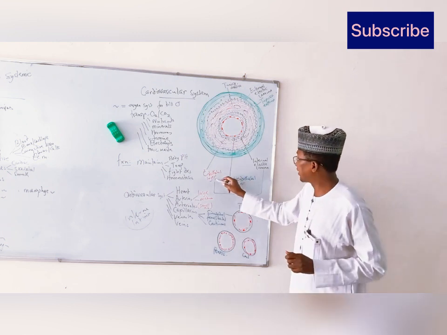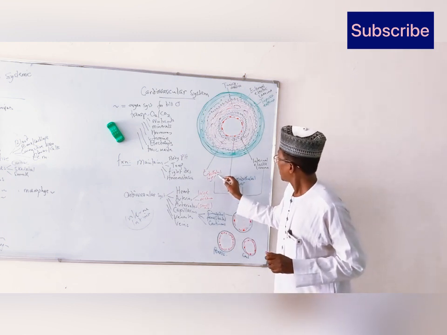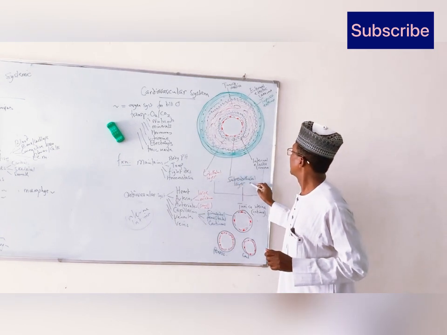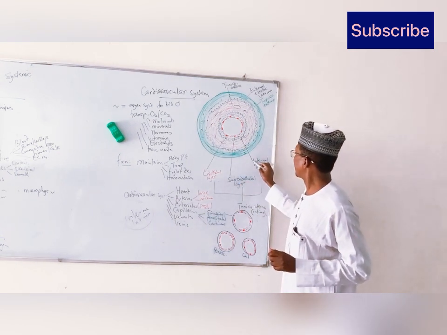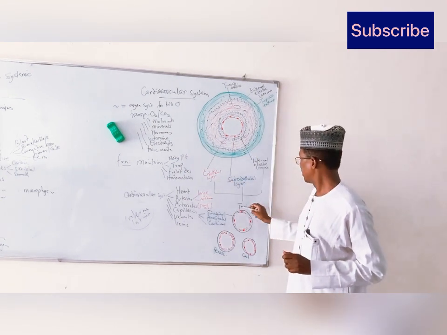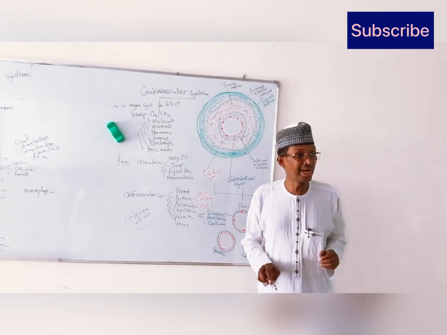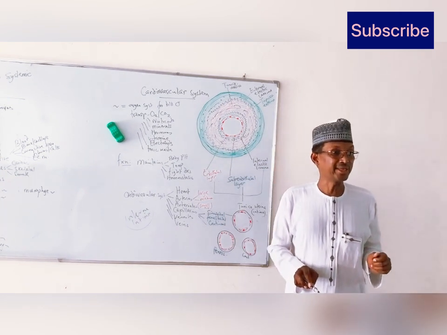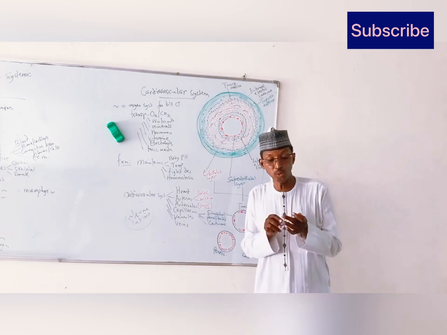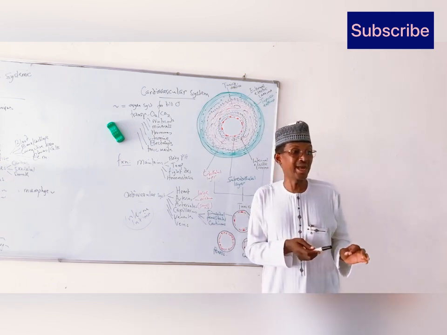So the 3 together, that means endothelial layer, subendothelial layer, and internal elastic lamina, the 3 together form what we call tunica interna or tunica intima. So you either call it tunica interna or tunica intima.